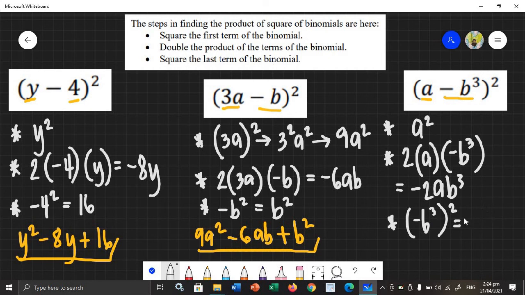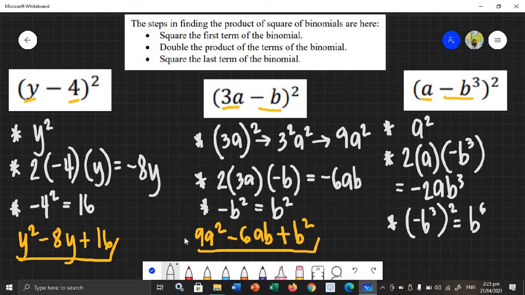We now have negative b to the third squared. We now have b raised to 3 times 2. The answer is b raised to the 6th power.